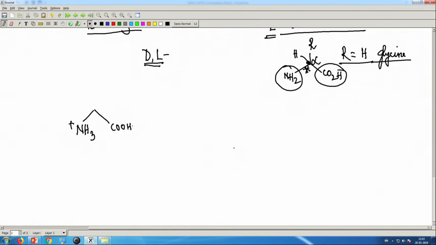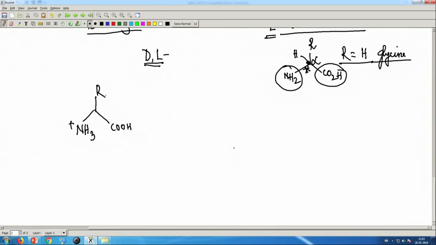Carboxylic acid has its own pKa value, meaning the pH at which the dissociation takes place. So, below the pKa it will be present as CO2H.